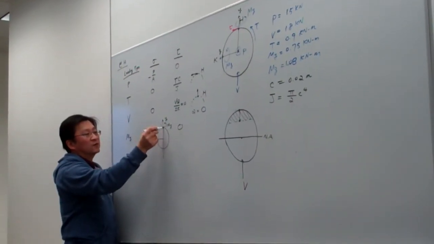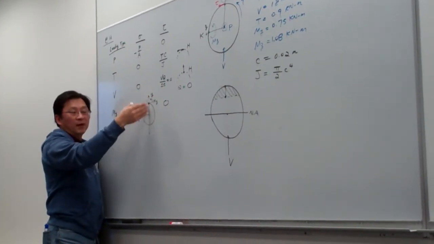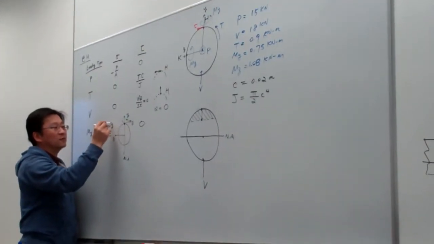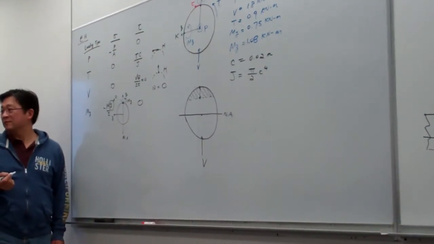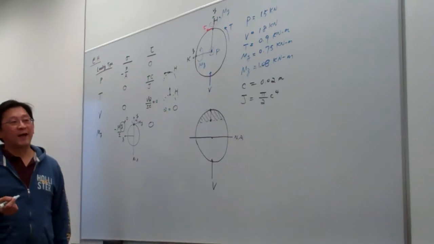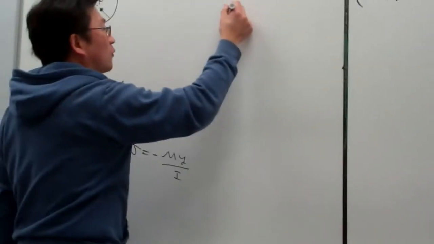For this case, the point is exactly on the neutral axis, right? So here, y equals 0. Why? We can do this again. Let me make one example.